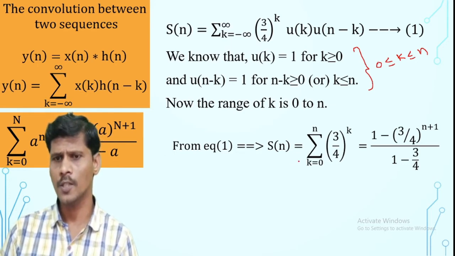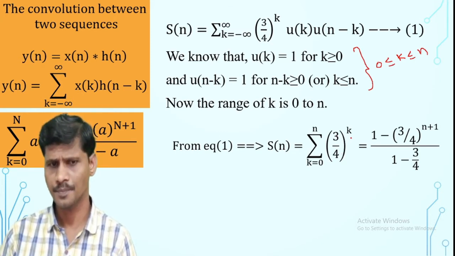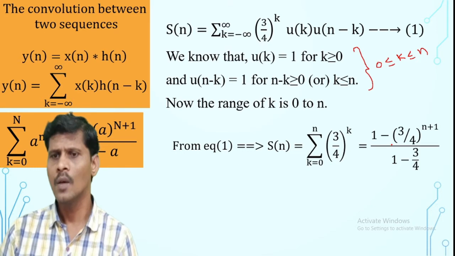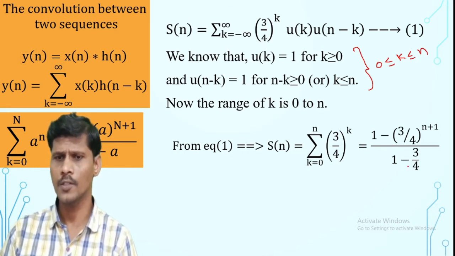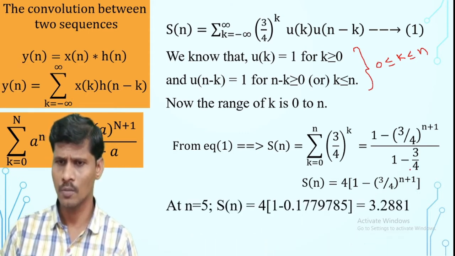Using this expression, sigma k equals 0 to n of (3/4)^k is (1 minus (3/4)^(n+1)) by (1 minus 3/4). Reducing the RHS term, we get 4 into (1 minus (3/4)^(n+1)).